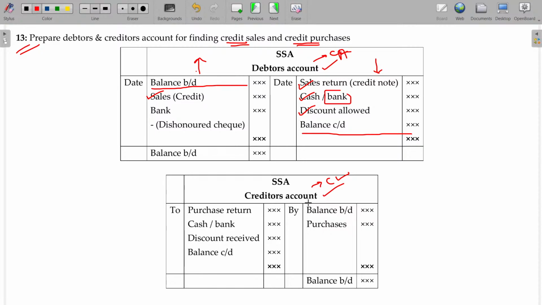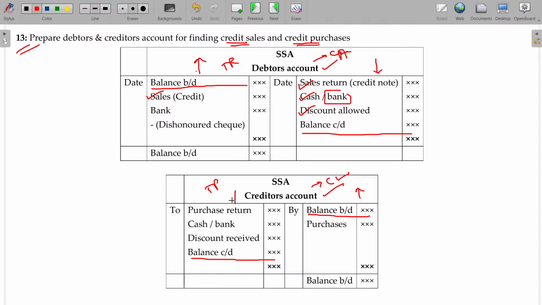In case of creditors, payables, this will be called trade payables, and the other is trade receivables. Being the current liabilities, the balance brought down should be posted on the credit side at the start, and balance carried down should be on the debit side. The amount payable to them is increasing, so it should be posted on the credit side.